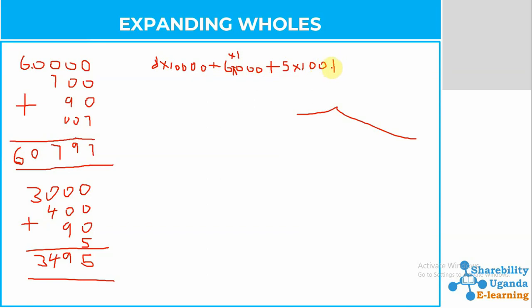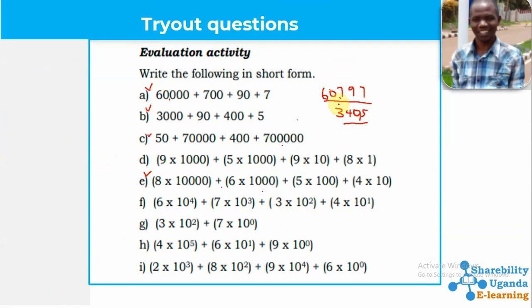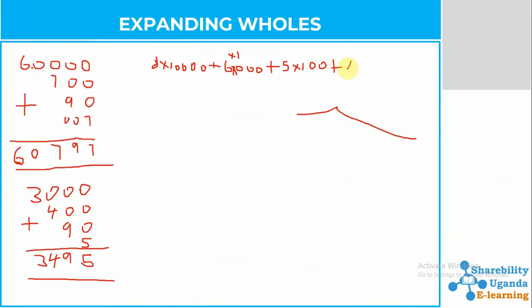Okay, then plus what else was there? Then 4 times 10, plus 4 times 10.